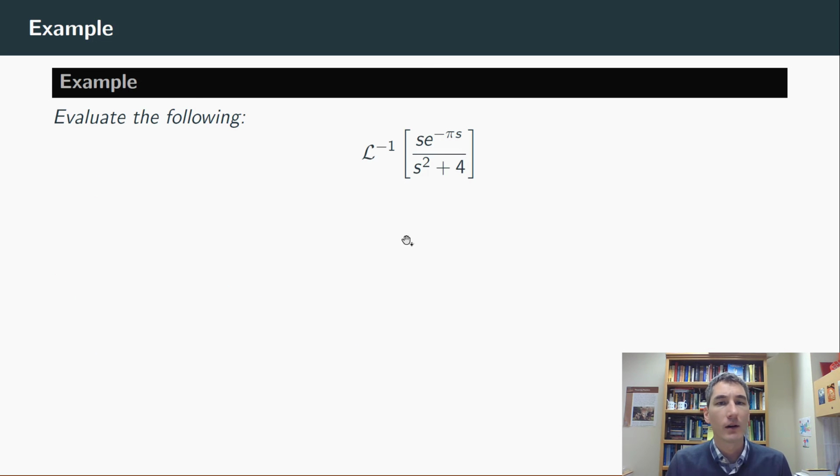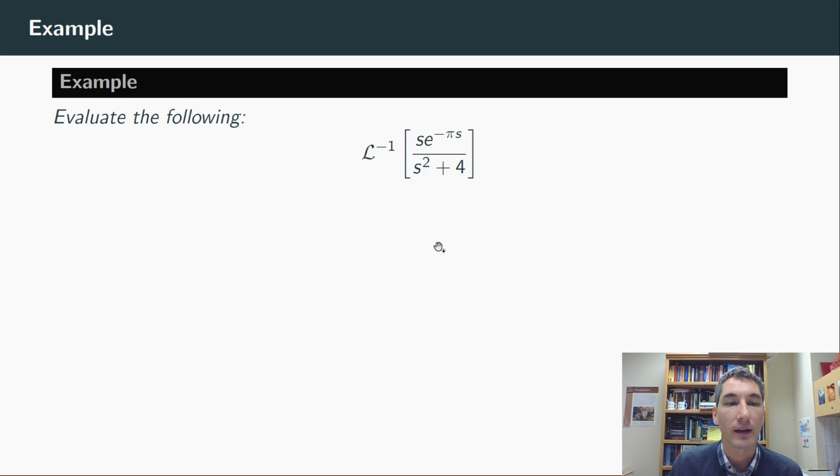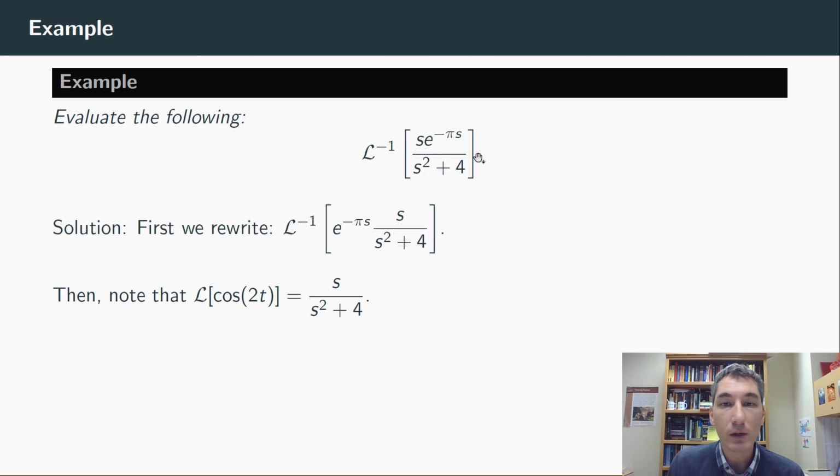And then we've got one more, just a basic example here. What if you had this on the right-hand side and you needed to take the Laplace inverse of that? So say you're solving some differential equation, you've got the right-hand side, and you need to bring that back. How would you do that? Well, first I would rewrite this so it looks in the right form. It looks like e to the minus pi s times s over s squared plus 4.